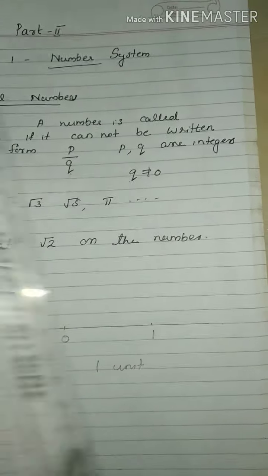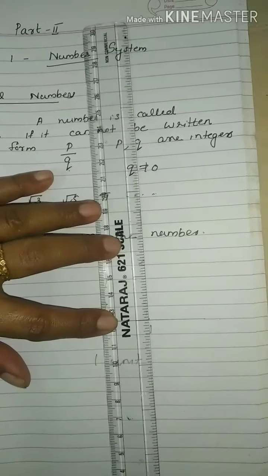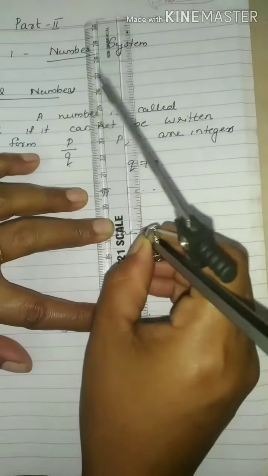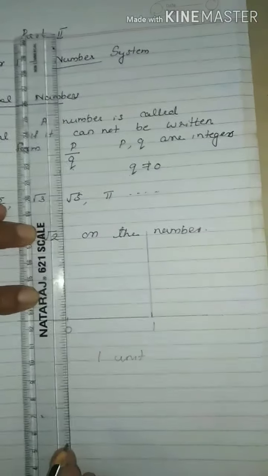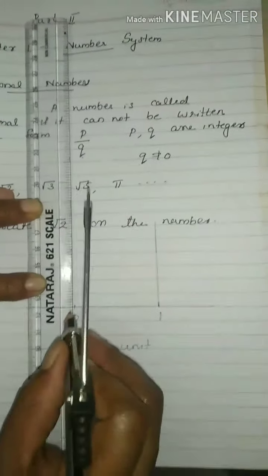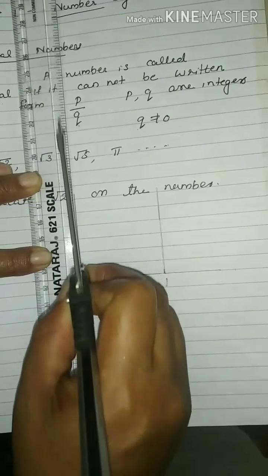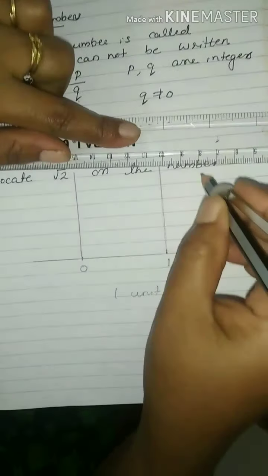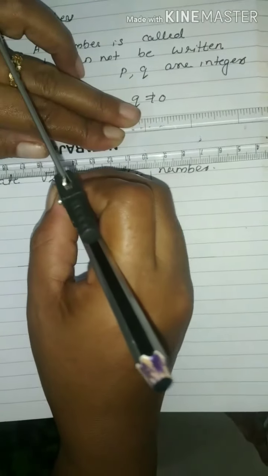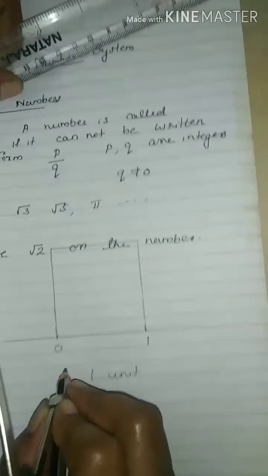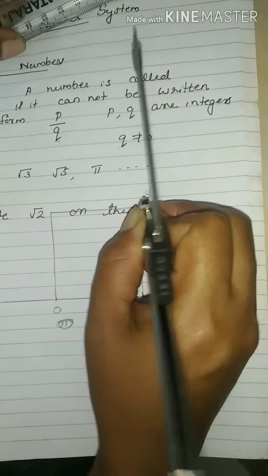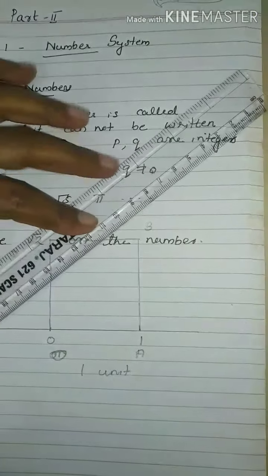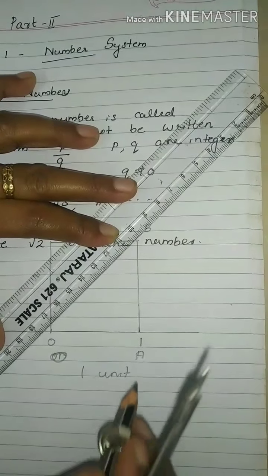Then you draw the other sides. So this is a square of unit length. We can give the names O, A, B, C. Then you draw the diagonal, that is OB.